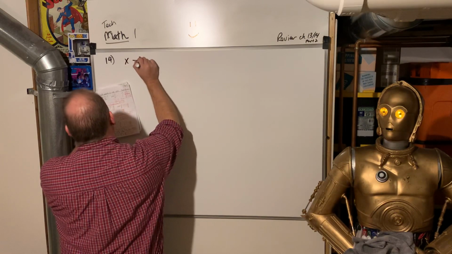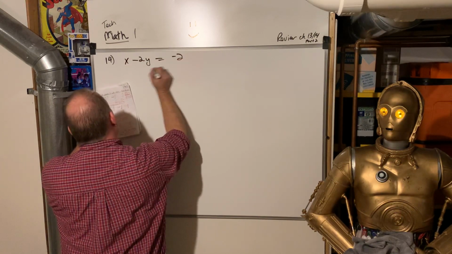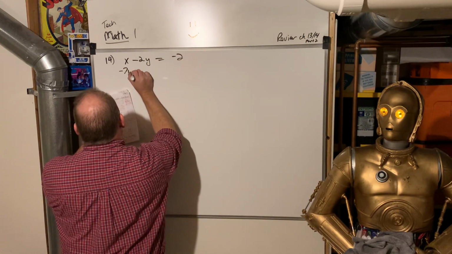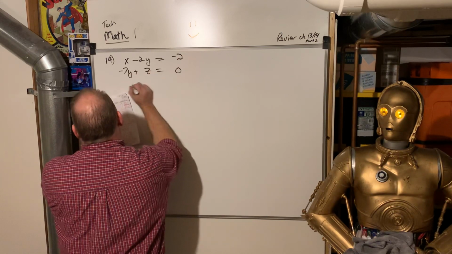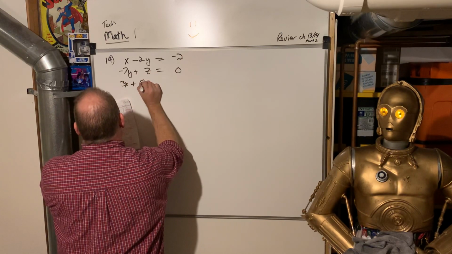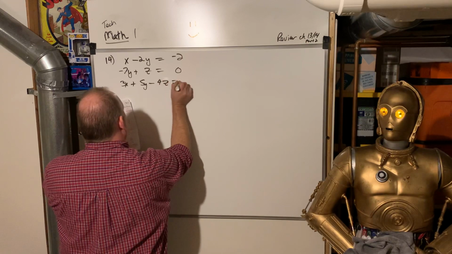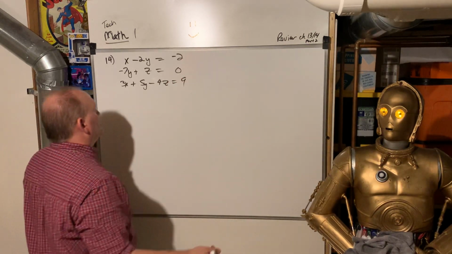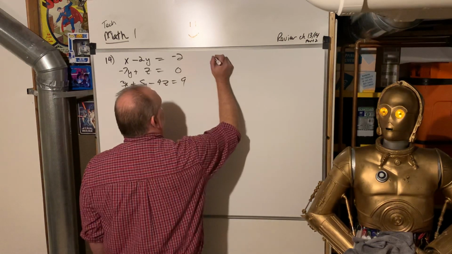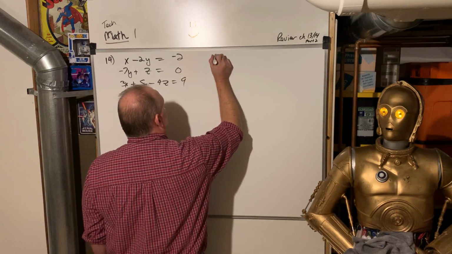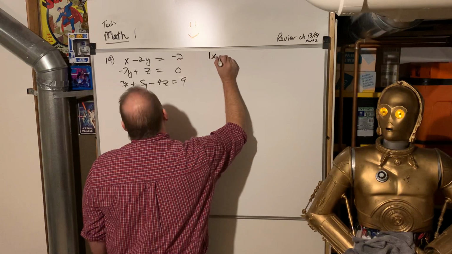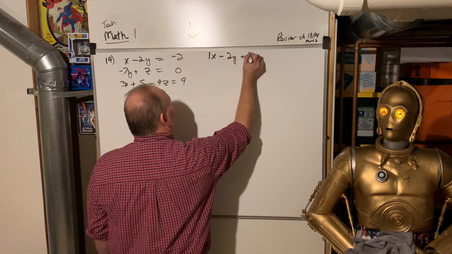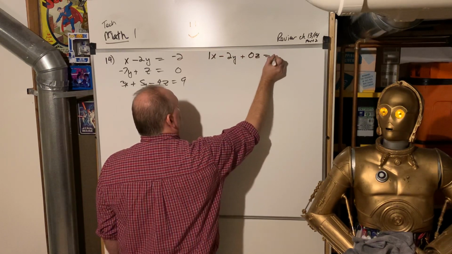So we have x minus 2y equals -2. We have -7y plus z equals 0. And we got 3x plus 5y minus 4z equals 9. This is going to take a little doing because now look, they didn't list all the variables. So we have to get our ducks in a row here. 1x minus 2y plus 0z equals -2.